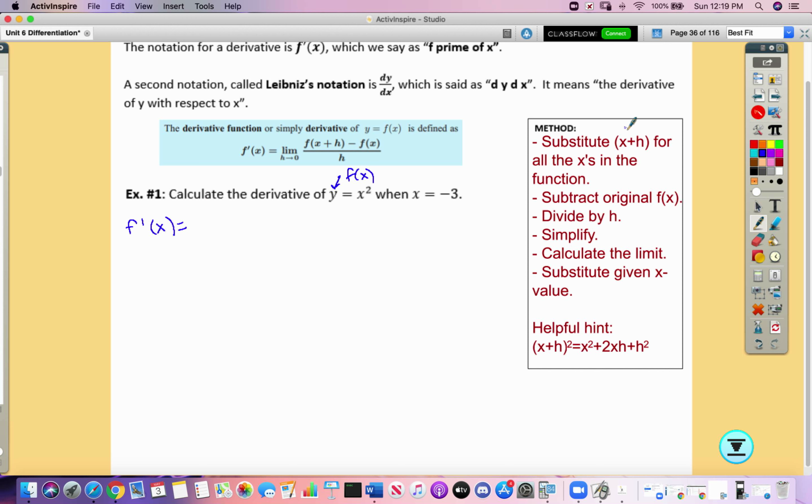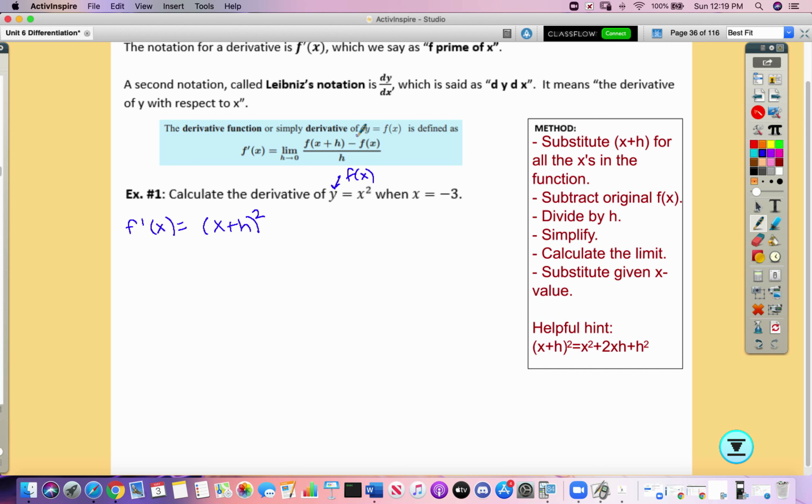So step number 1, we are going to substitute in x plus h for all the x's in the original function. So this is our original function. I have an x squared. I'm going to sub in x plus h there. So I will have (x plus h) squared instead of x squared. Easy peasy. That's what this piece says right here. Plug in x plus h everywhere you see an x.